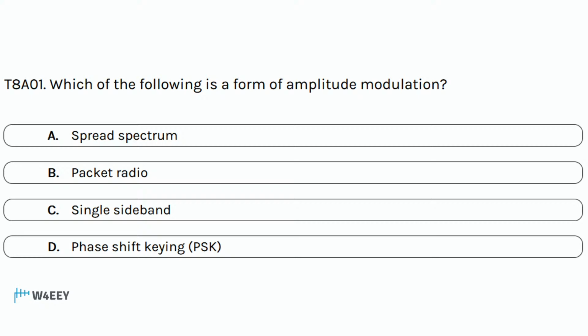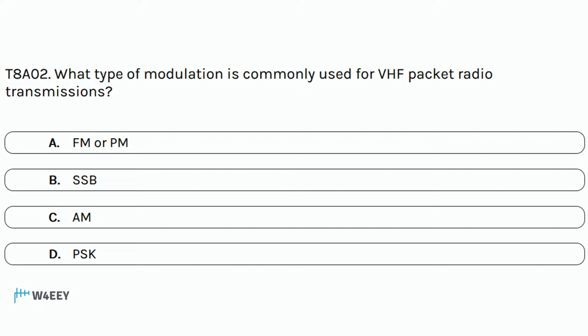Charlie, C. Yep, single sideband, remember I said that's a part of the AM family of signals. And what type of modulation is commonly used for VHF packet radio transmissions? Alpha. That was the early digital data mode back in the day, so yeah, FM or phase modulation.